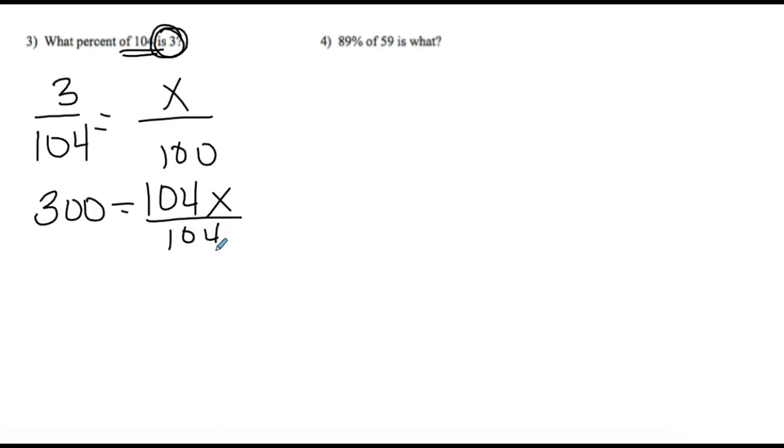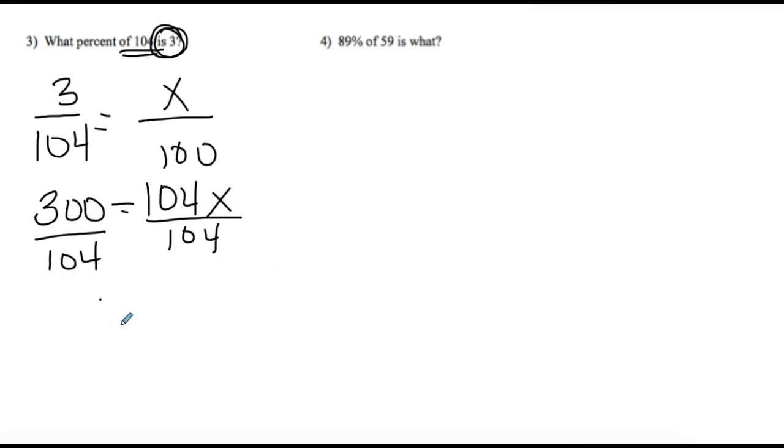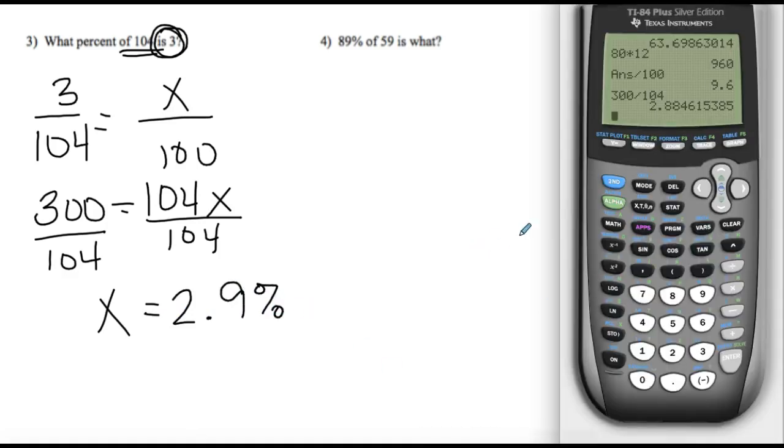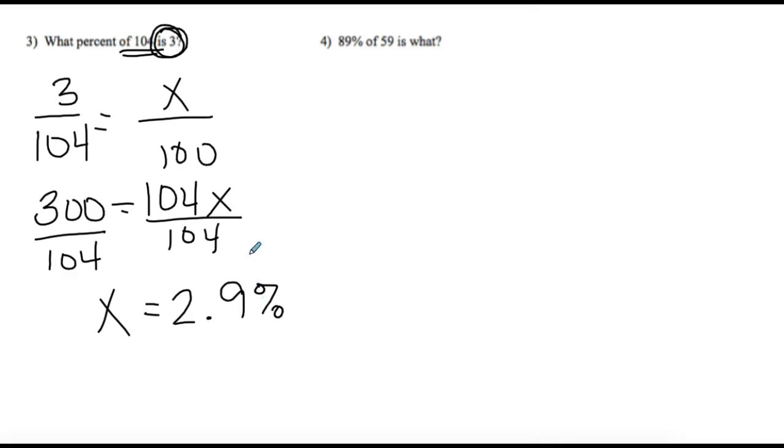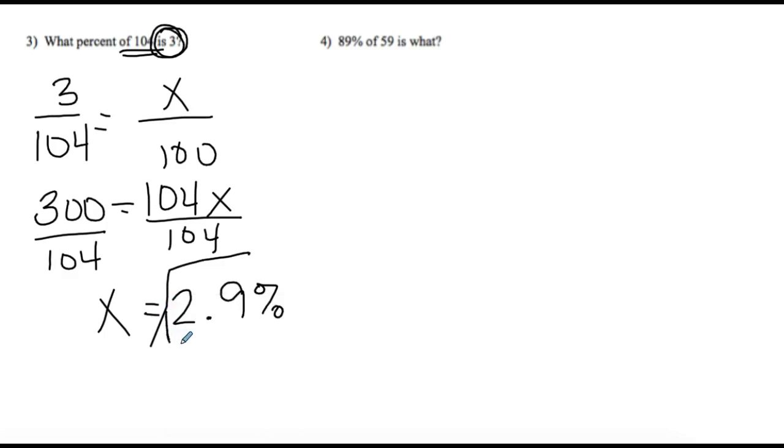We divide. And so my x is going to be 2.9%. And it's 2.9 because this second 8 makes this first 8 go up. Oops, sorry about that. Clean that up just a little bit.